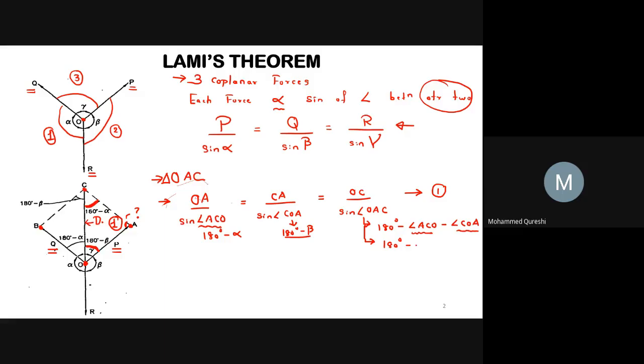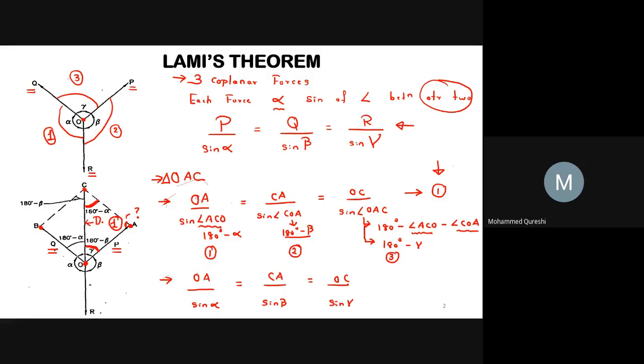180 degrees minus gamma. Now, substituting all these values, angle ACO as 180 minus alpha, angle COA as 180 minus beta, and angle OAC as 180 minus gamma, in this equation, you will get OA upon sine alpha equals CA upon sine beta equals OC upon sine gamma.